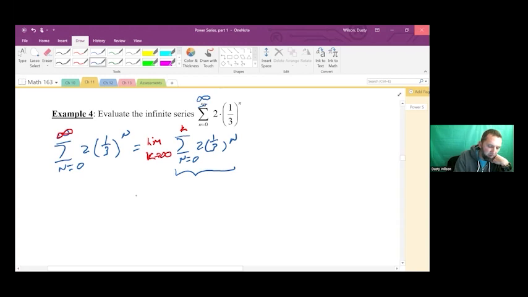So this would be equal to 2 times 1/3 to the 0th power plus 2 times 1/3 to the 1st power plus 2 times 1/3 to the 2nd power, all the way to the last term, which would be 2 times 1/3 to the kth power.